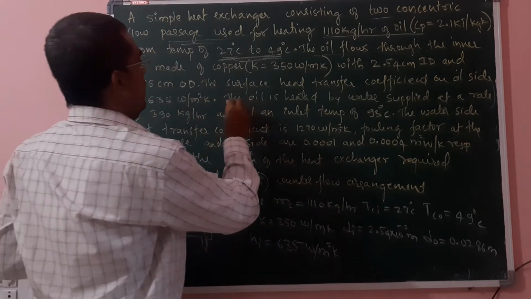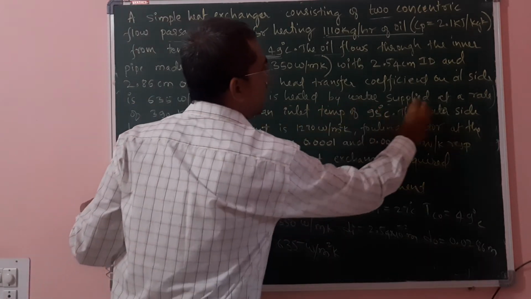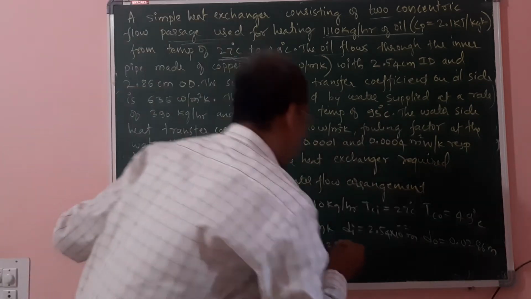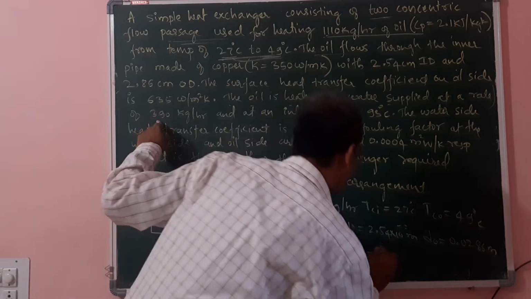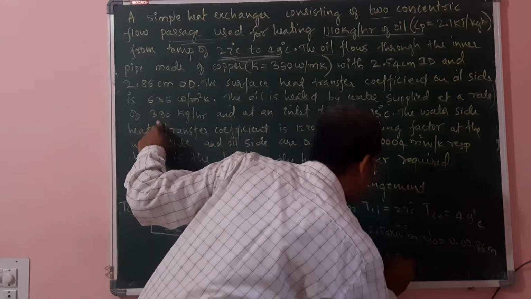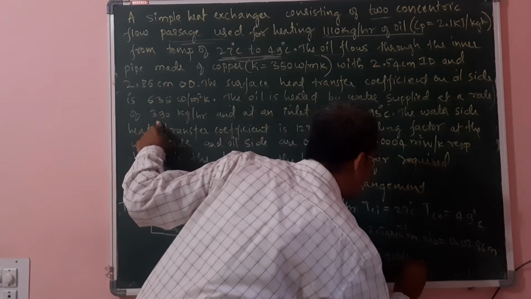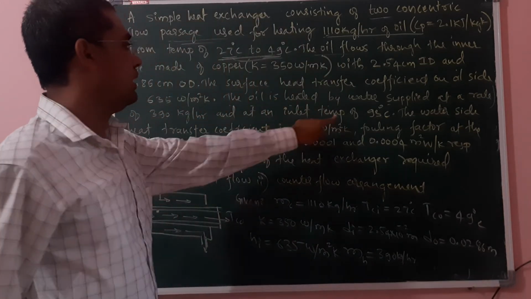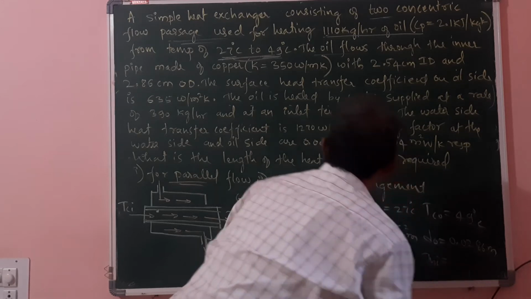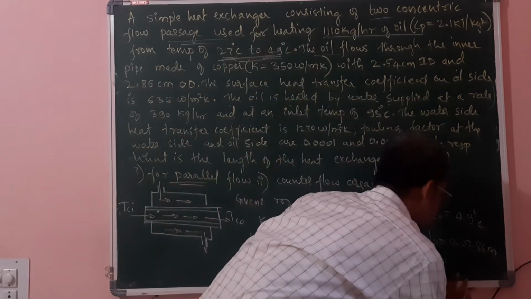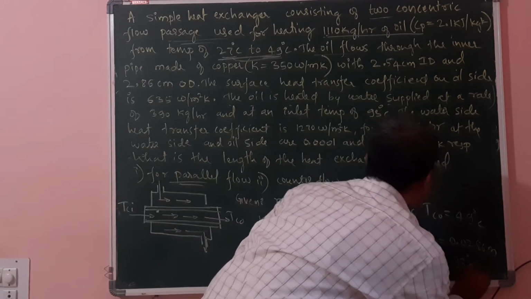The oil is heated with water supplied at a rate, that is mass flow rate of hot fluid, of 390 kg per hour, and at an inlet temperature THI equal to 93 degrees Celsius.